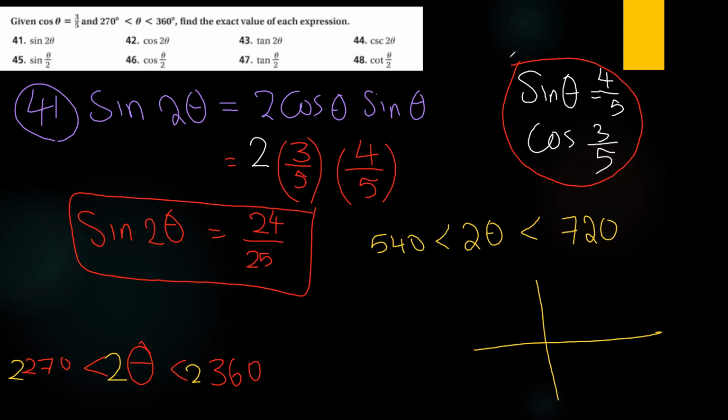In the unit circle, let's start at 360, 450, 540, 720. Just a second.